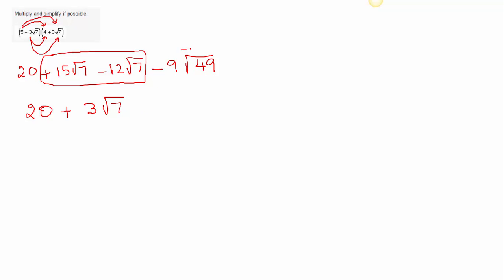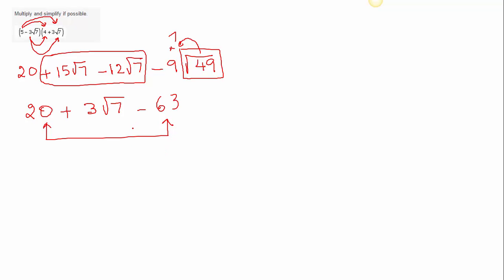Now this one, what is square root of 49? 49 is a perfect square. 7 times 7 is 49. So this will come out as 7, and then you multiply by negative 9. That would give you negative 63. So now notice that 20 and negative 63 are like terms and can be combined.